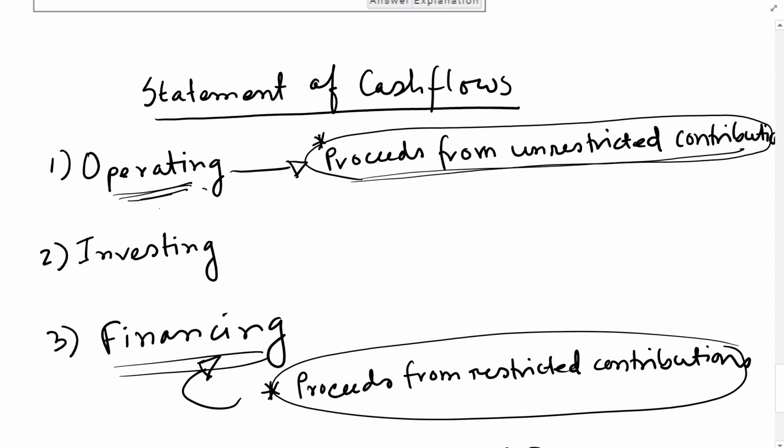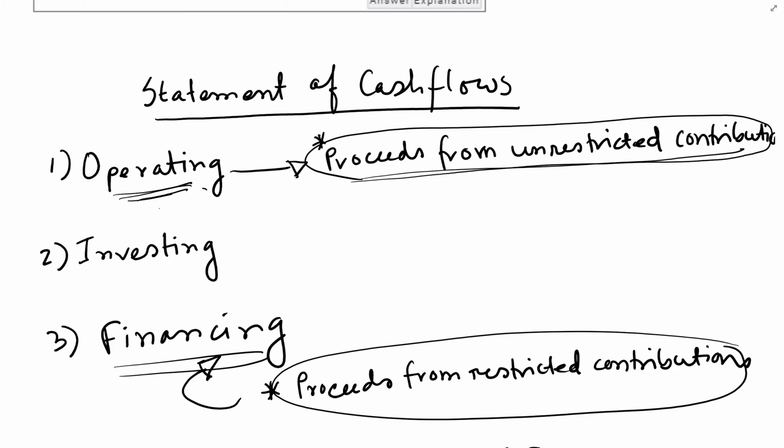Now, let's talk about the operating part in a little more detail. Sometimes the organization can receive a fund without donor restrictions, which they used to call the unrestricted portion. Now they call it without donor restrictions. But sometimes the internal governing body or the board can impose restrictions on that fund. That means they can keep those funds to purchase some long-term assets.